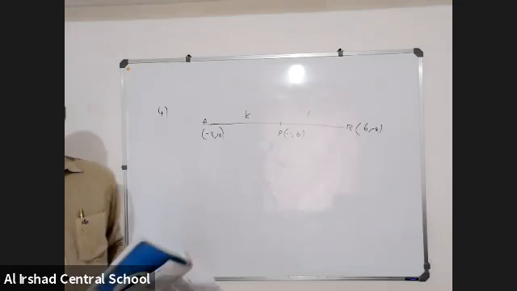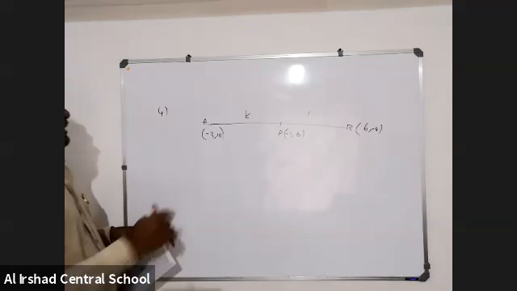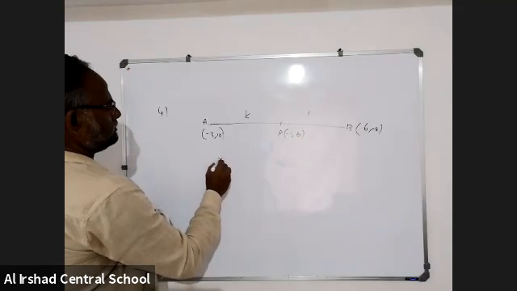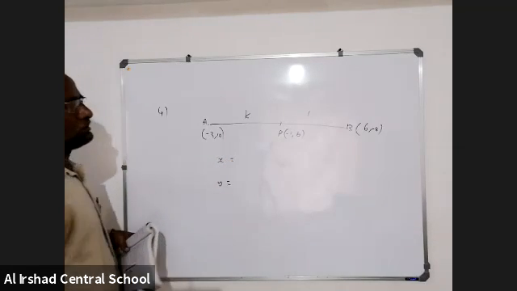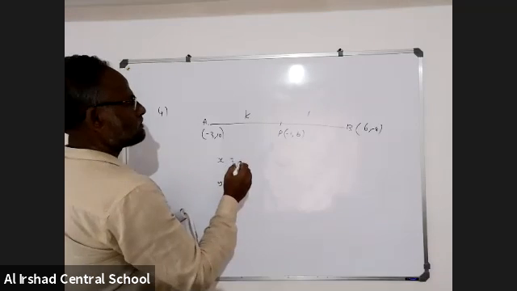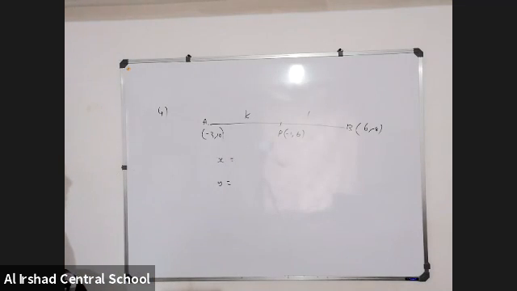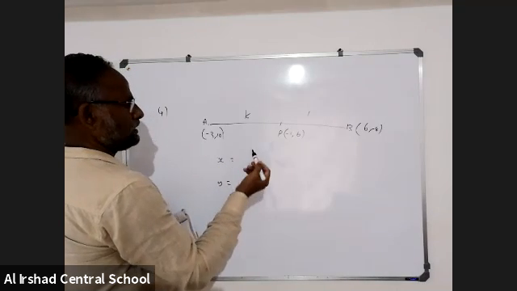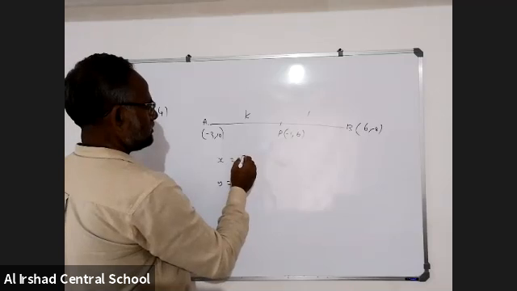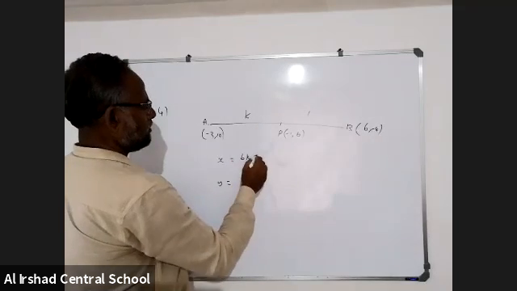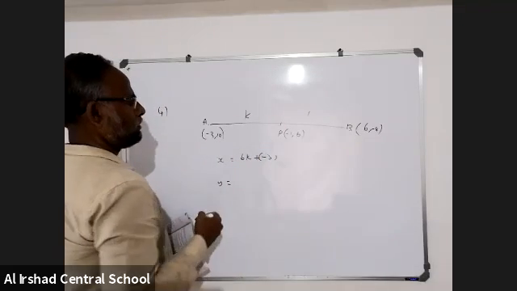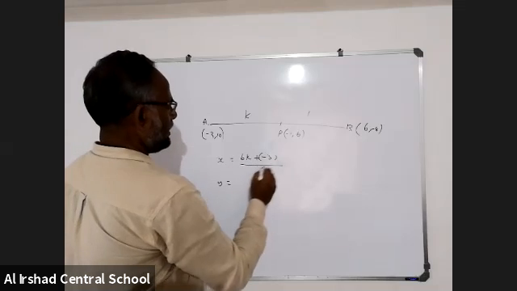Now do this one. X is equal to, and Y is equal to, being the ratio K:1. X is equal to 6K plus 1 into -3 divided by K plus 1.